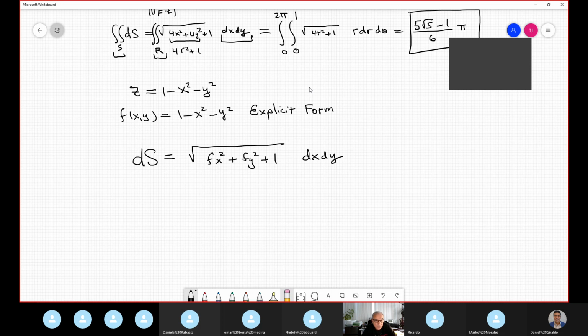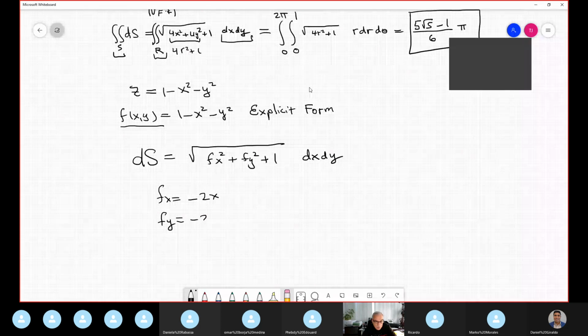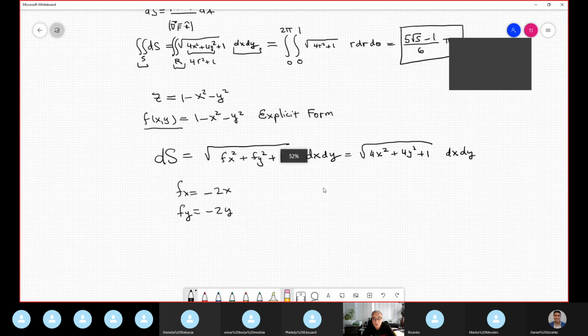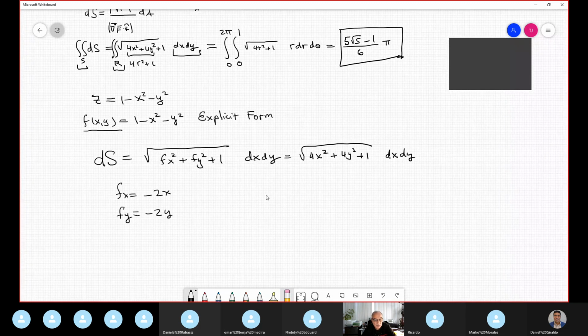So now you differentiate. What is f sub x? Differentiating this expression with respect to x gives minus 2x. And differentiating with respect to y gives minus 2y. I'm plugging in here in the formula. The formula says square root. I square this, and the negatives become positive: 4x squared plus 4y squared plus 1 dx dy. And you can see, I don't want to do it again, it's exactly the same formula that we have at this moment.